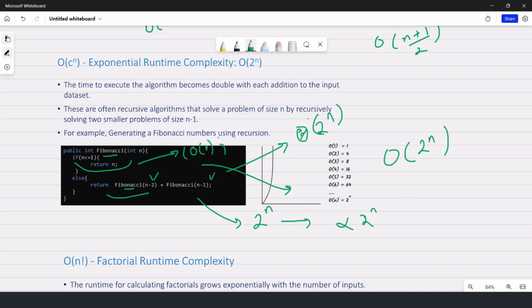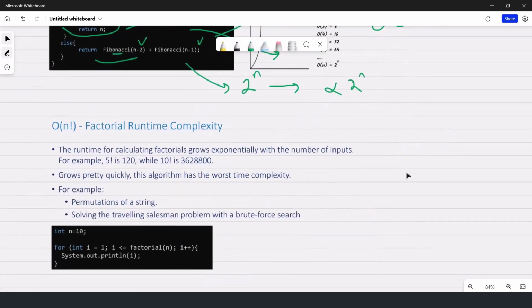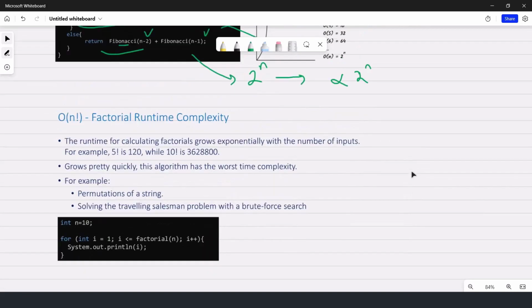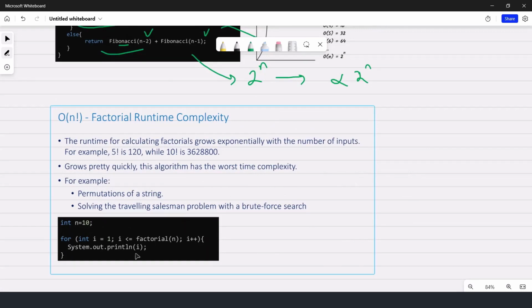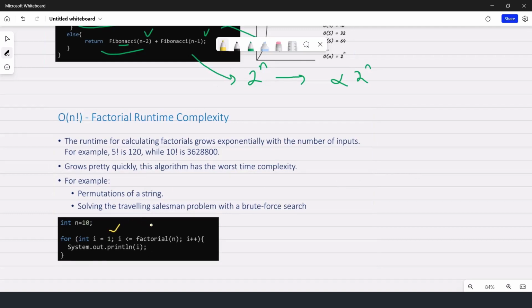Next up, we're going to see the factorial runtime complexity, and this is going to be the end. In the given code that iterates from 1 to n, let's analyze the code. You can see it is iterating from 1 to factorial of n, right? Calculating the factorial of a number using a simple loop is going to be O of n.